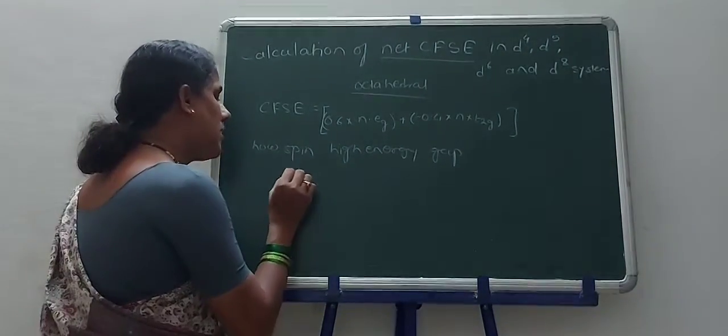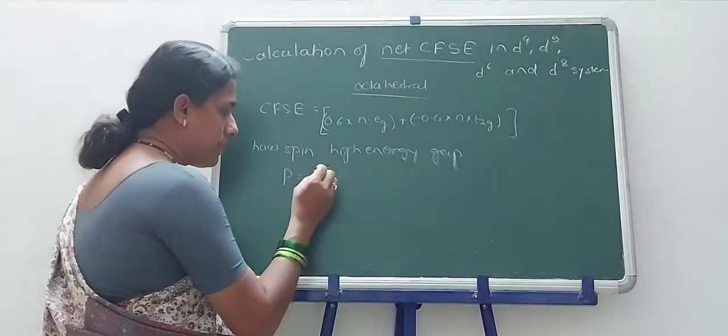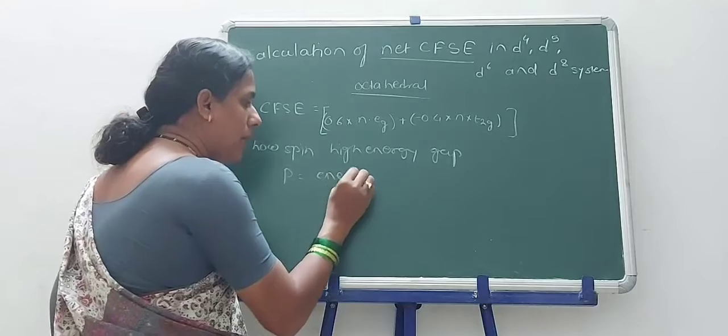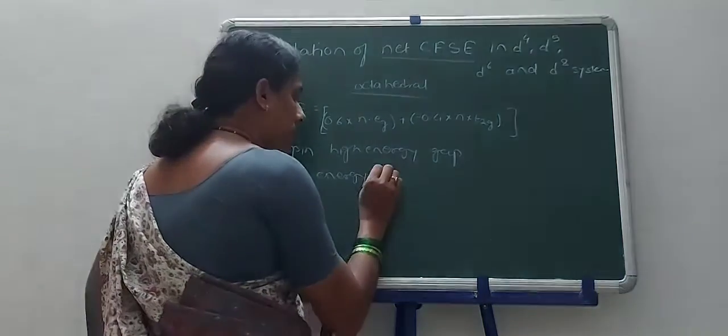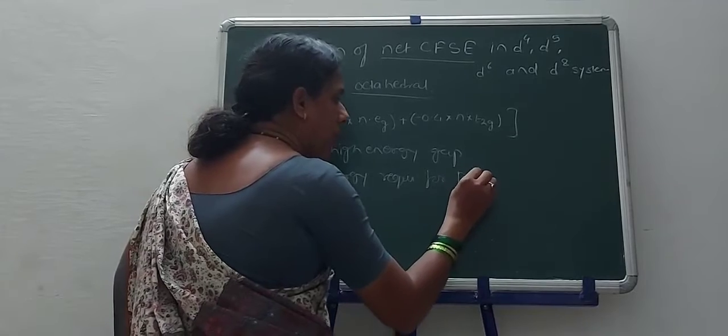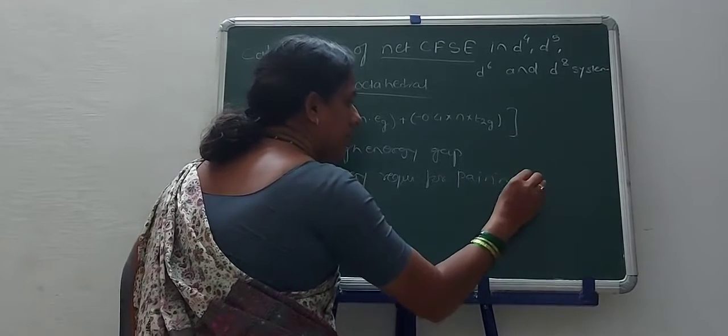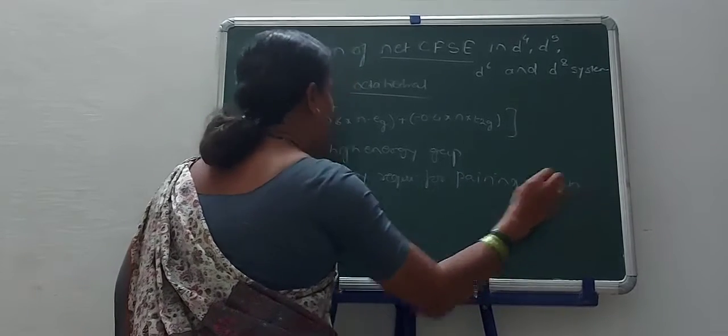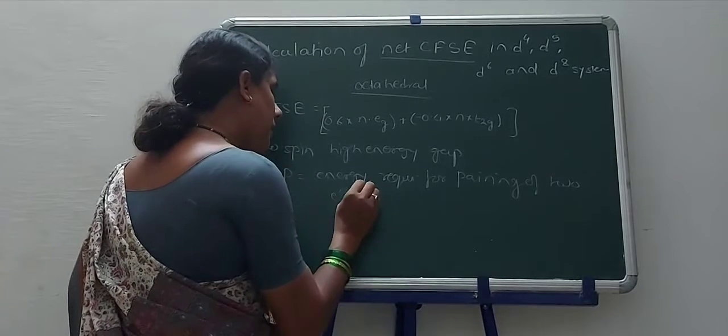Therefore, pairing energy is defined as the energy required for pairing of two electrons in an orbital.